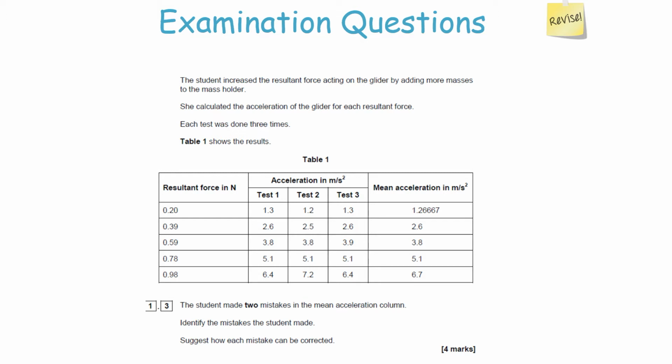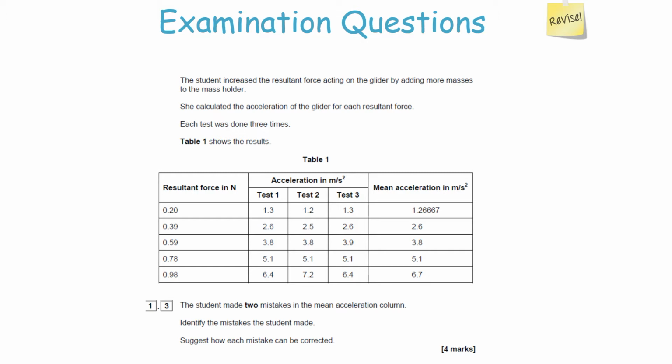Now what else do we know about calculating means? Well, we calculate means by adding up the values that we tested and dividing by the number of values. So you would have a look to see if those calculations were right or not. And then finally, you also need to talk about the idea of anomalies. When you are calculating a mean value, you should be discarding your anomalies before you calculate your mean.